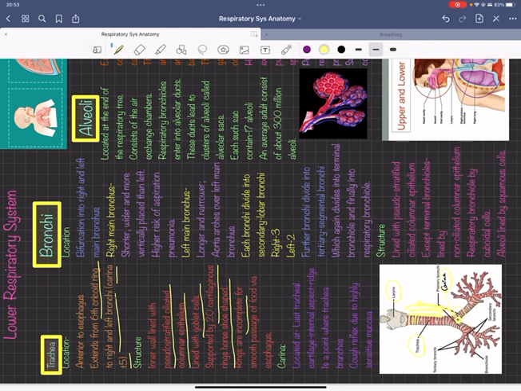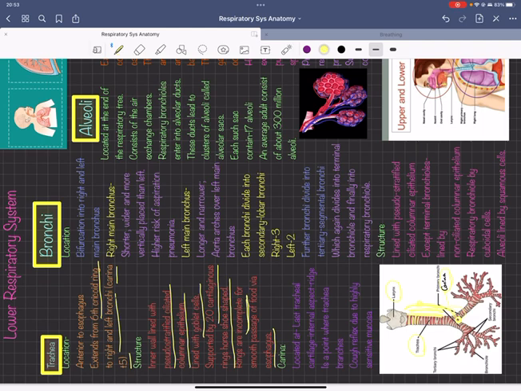So when the rings are incomplete, anteriorly they support the structure, but posteriorly they help the esophagus to expand and contract or relax as needed. So for the space needed for the esophagus, these rings are incomplete.